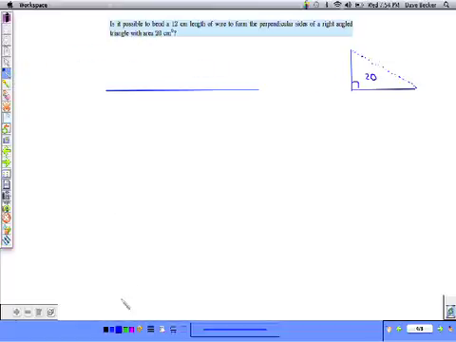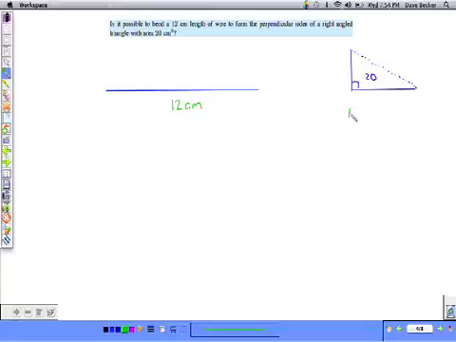Okay. So immediately I'm going to label this entire length as 12 centimeters. And I know the question is: is this enough? Is there any way I could bend this so the area of a right triangle would be 20? Well, how do you find the area of a triangle?